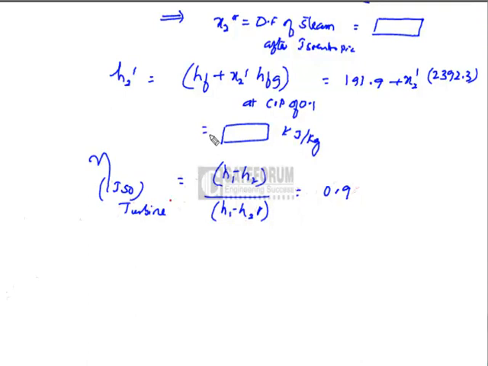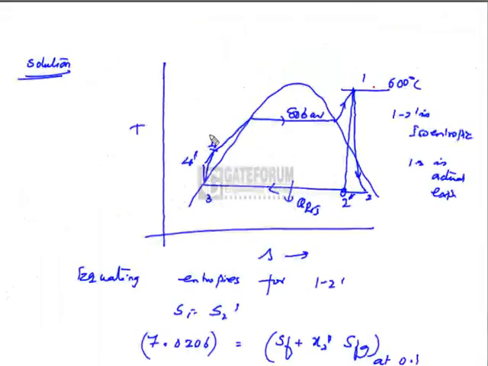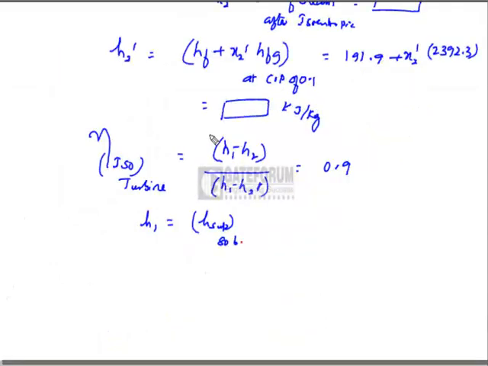In this formula, H1 is the inlet enthalpy corresponding to the turbine, given at 80 bar and 600 degrees centigrade as 3642 kilojoule per kg. That is given in the problem.